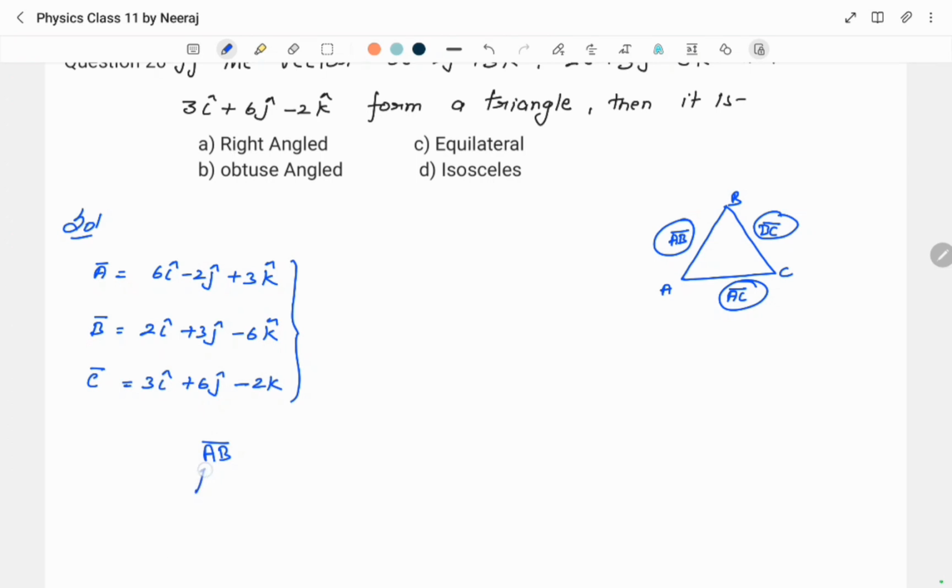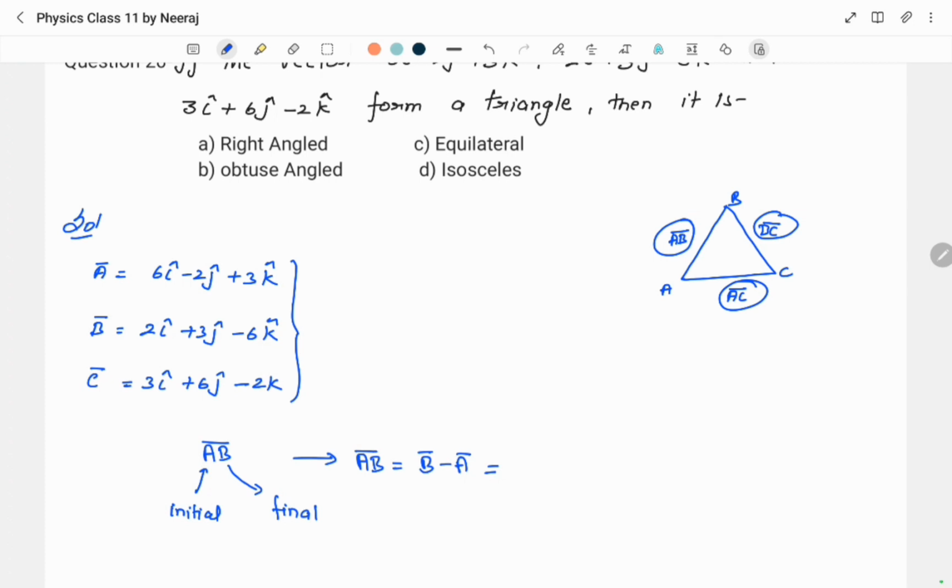I already told you, this is an initial point and this is a final point. If I am writing a vector like vector AB, then B is the final point and A is the initial point. So we can write vector AB will be equal to final minus initial. Final minus initial, which will be equal to how much?